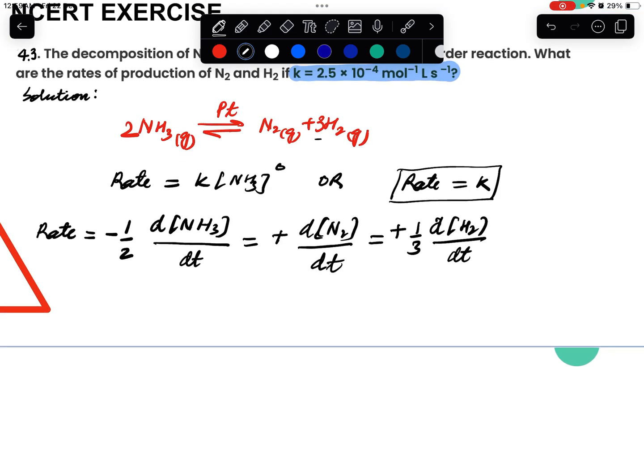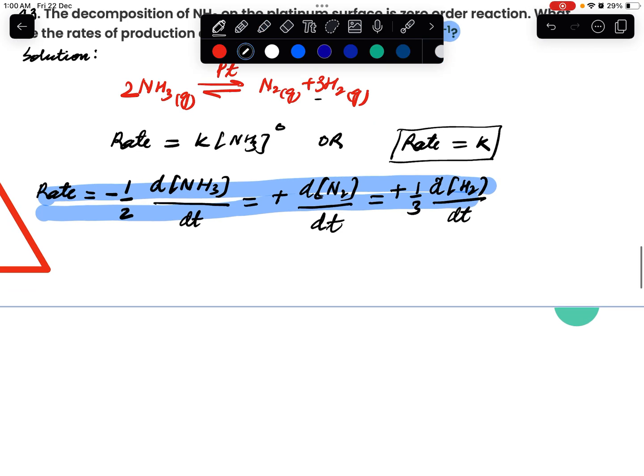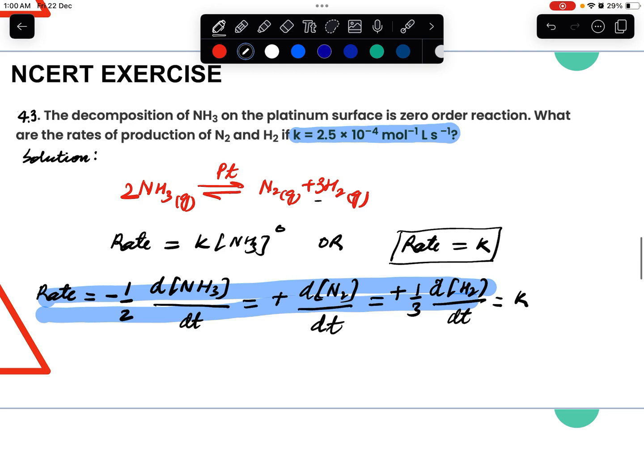We have to remember this idea, how we take into account the stoichiometric coefficients for writing the rate of the reaction. From all this, the general idea is that all these rates, whether calculated in terms of reactant or product, are equal to the rate constant, whose value is already given in our question.